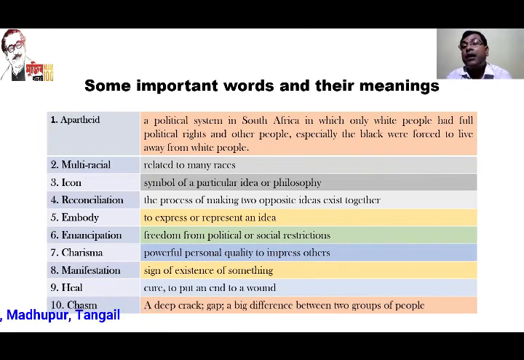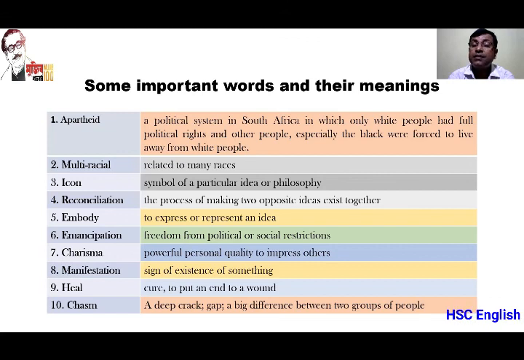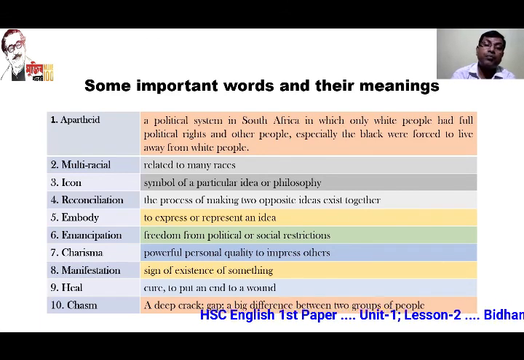That is the main theme about the word apartheid. It is a political system that was prevailing in South African society. In this situation, only the white people enjoyed all types of political rights, and the black people were forced to live separately.